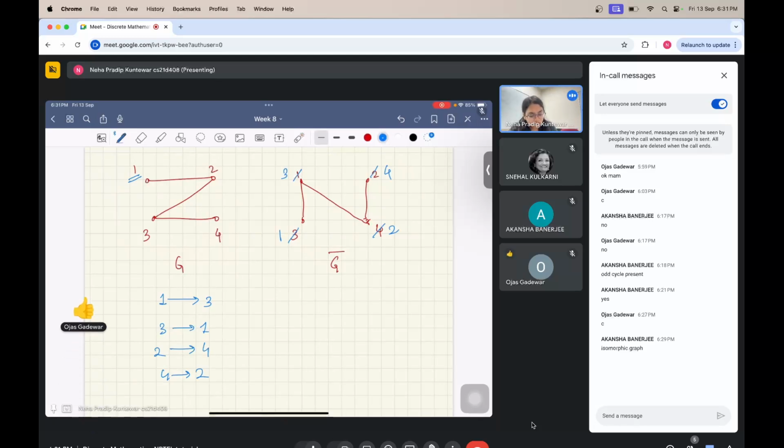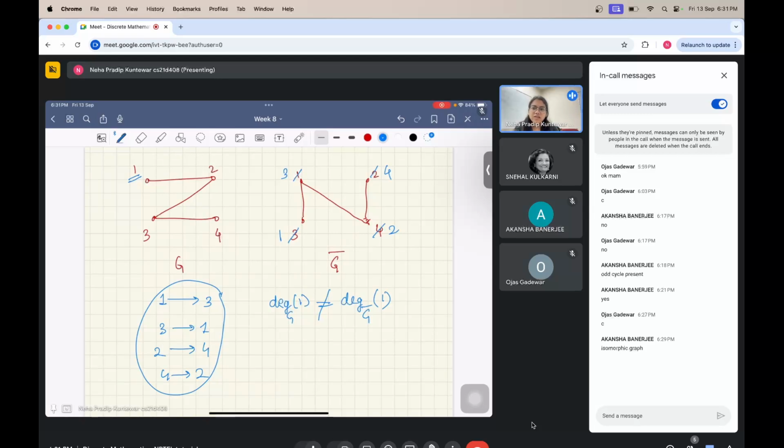Yeah. So the thing is, notice that you can't map 1 with 1 itself, because if you do, then look at the degree of 1 here. The degree of 1 in the first graph is 1, but the degree of 1 in the second graph is 2. So it is not that degree of 1 in G is equal to degree of 1 in G bar, but the graphs are still isomorphic because there is a certain relabeling of vertices.